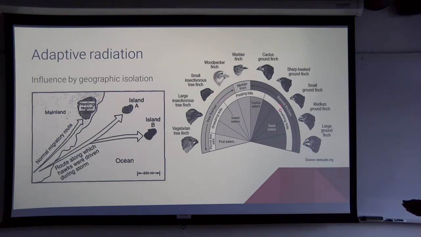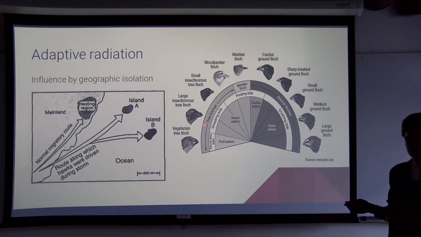If the island had small ground finch and, let's see, what was the other one? Small ground finch and let's take a small insectivorous tree finch, would they compete? And the answer should be no, because they have different food sources. So they wouldn't compete for food. So you have to look to see if they are competing for the same resources. That would increase competition, right? So become familiar with this wheel.